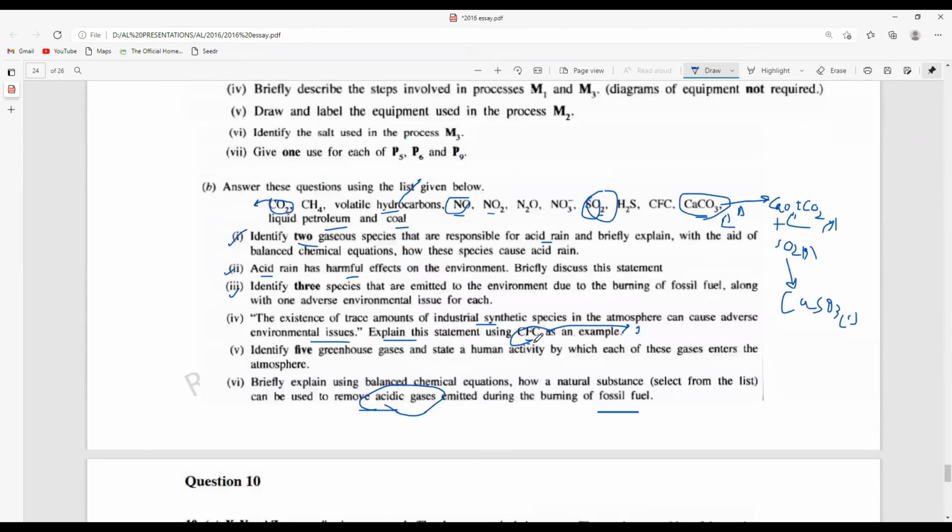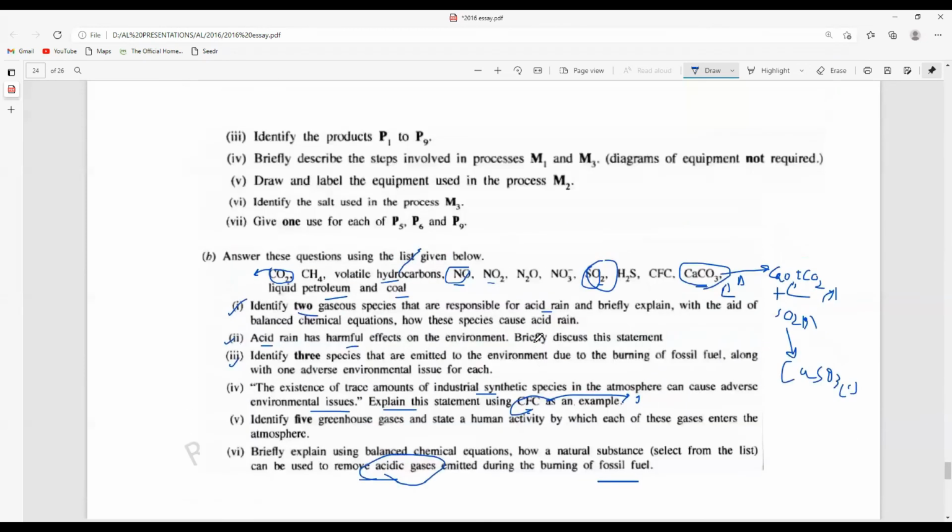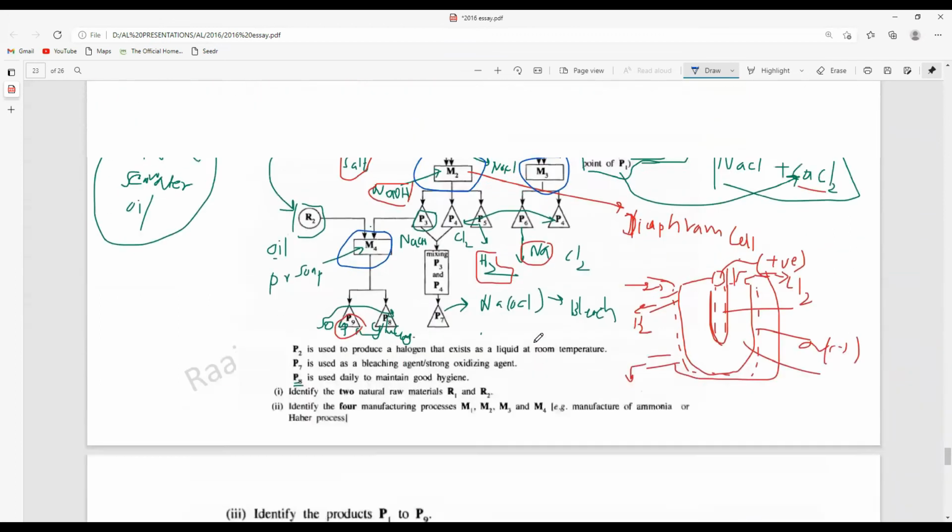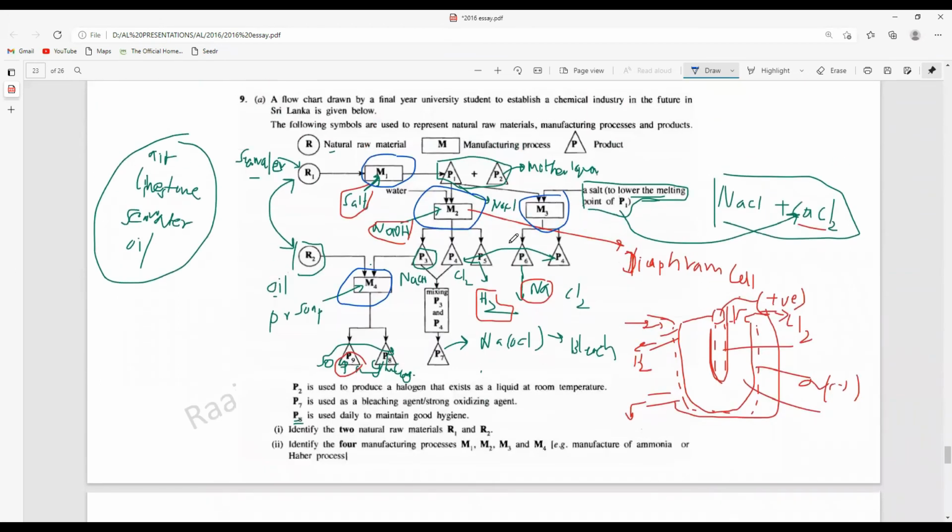There is not much of a hard thing that you can expect from question number 9. The only thing is that this is the first time you see, after 2011 in the new syllabus, that they have given a flow diagram for an industrial question. Because from 2011 to 2015, the trend was the same: they have 1, 2, 3, 4, 5 questions, ABCD parts, and you answer them in the perfect way.